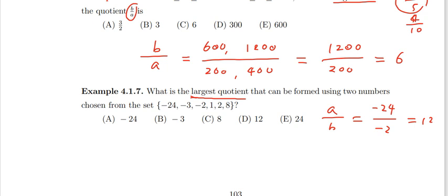So maybe we check, let's say, for the other one, can be 24. So can we find 24? I believe this is the largest, yeah. This is the largest. Okay.